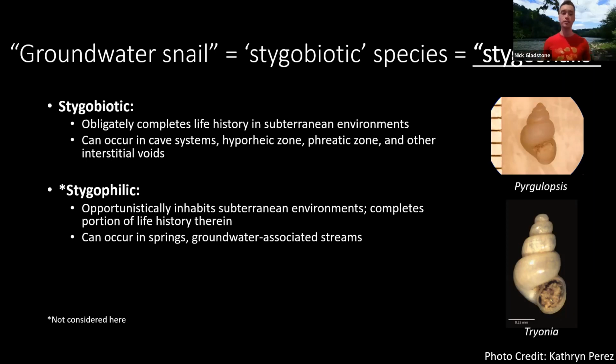They don't really need to complete their whole life cycle within these systems. Sometimes you have many different surface snails that just kind of trickle their way into the entrance zone of a cave, or they're an accidental introduction, and then they can somewhat persist for some periods of time. So really, I'm just referring to those things that are underground. They evolved, they adapted to complete their entire life cycle underground.